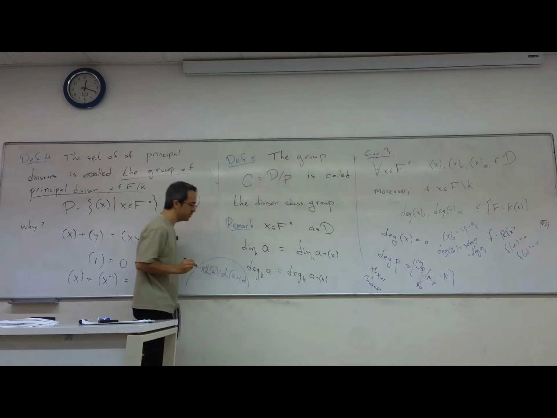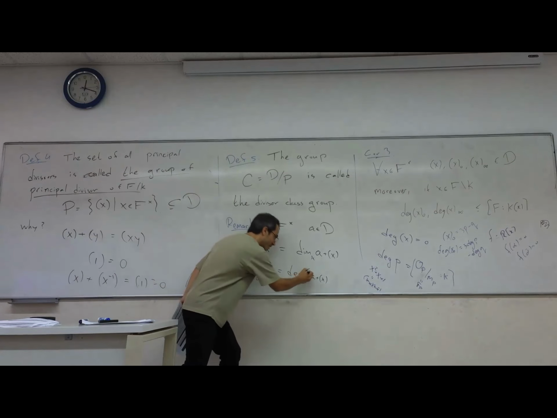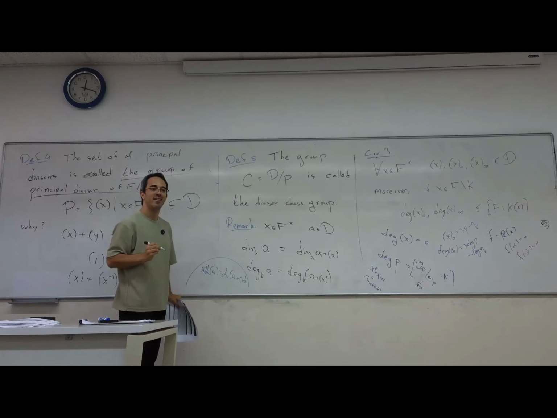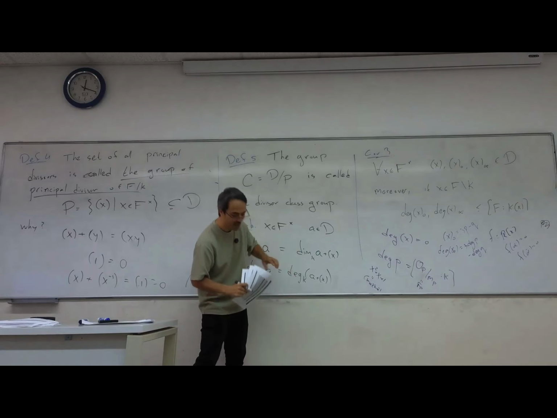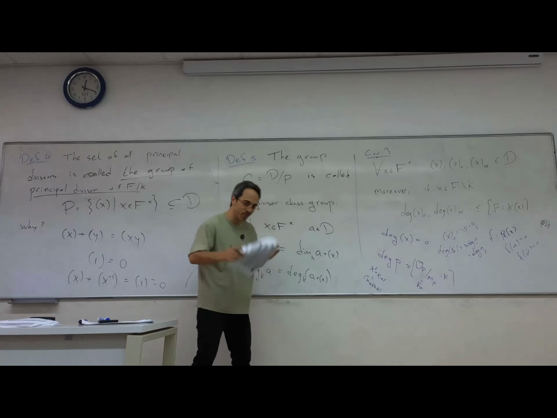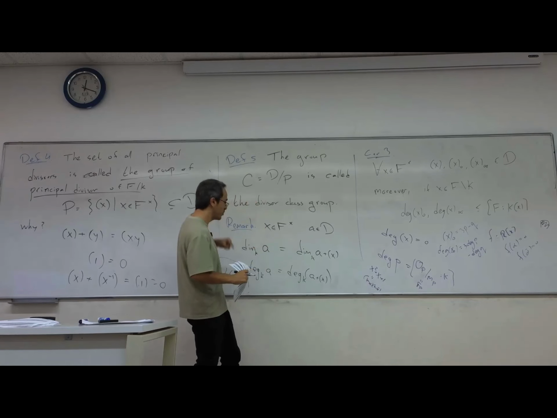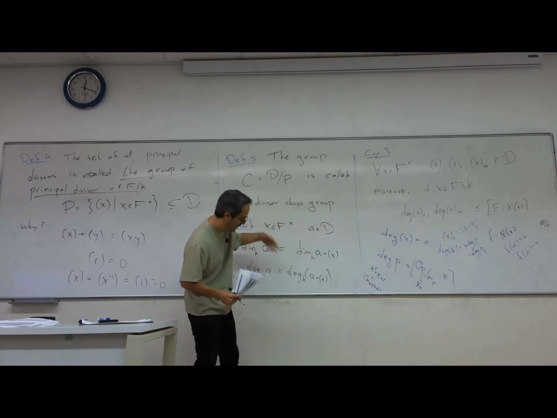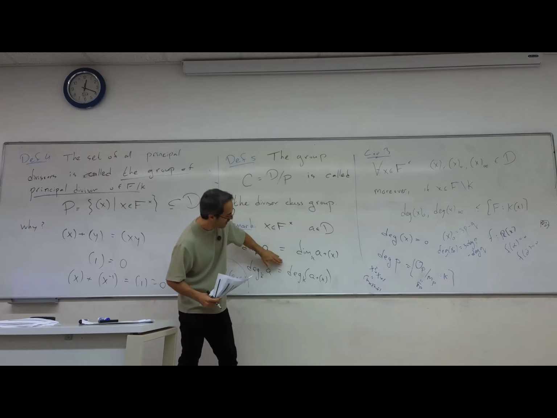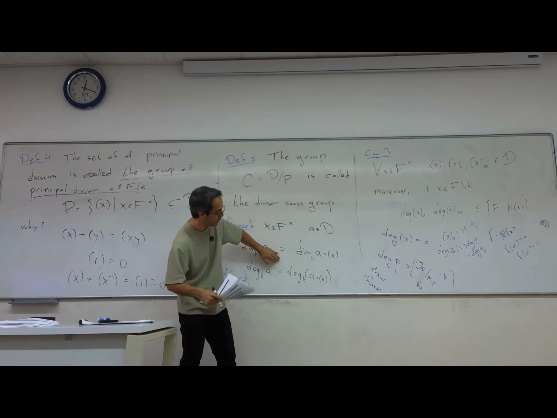Do you see why this is true also? No, yeah, we don't know yet. So that's why I'm doing it later. I'm not patient enough. But let me just say it still, and then we will show it.